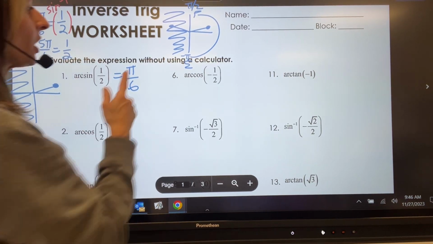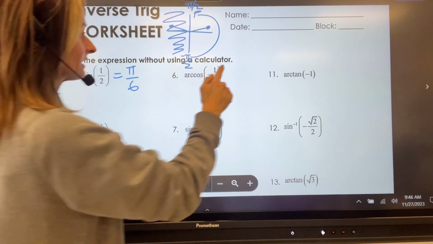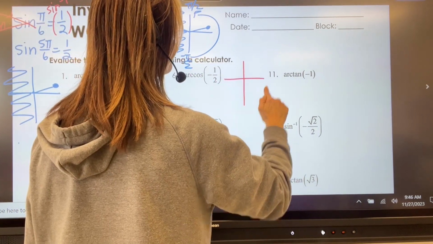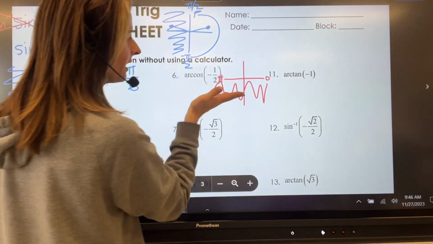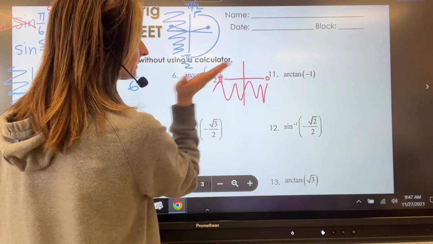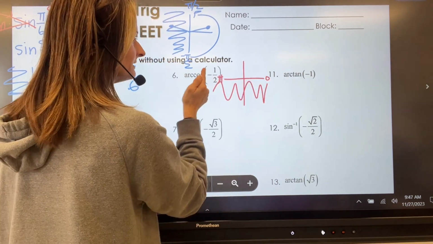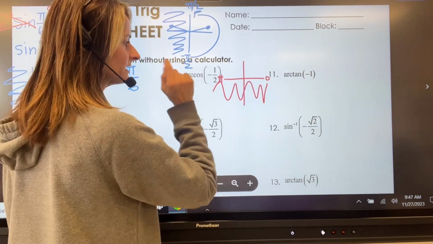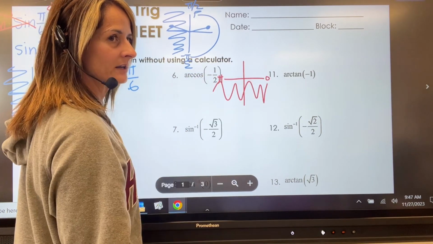So arc cosine, the inverse cosine of negative 1/2. This is cosine, so we're going to restrict the other direction, from 0 to pi. Now, this is the x-axis. Cosine, we're dealing with x. This is positive and that's negative. Negative 1/2. We know as soon as we see the negative for cosine, it's going to be in this second quadrant right here.